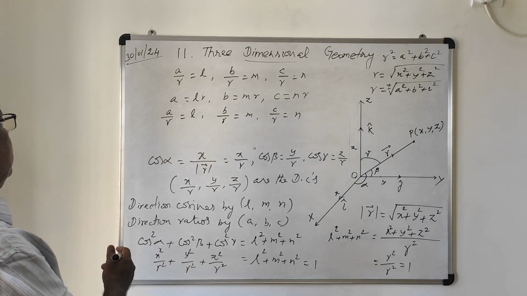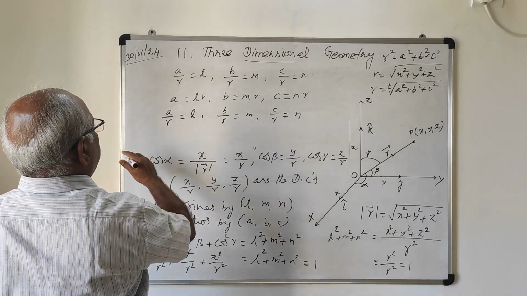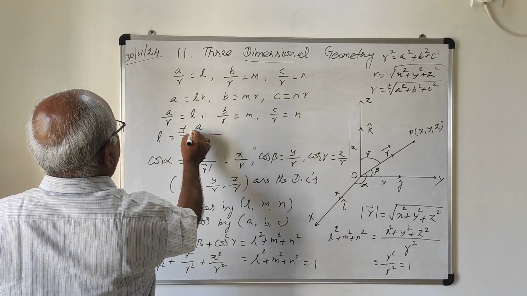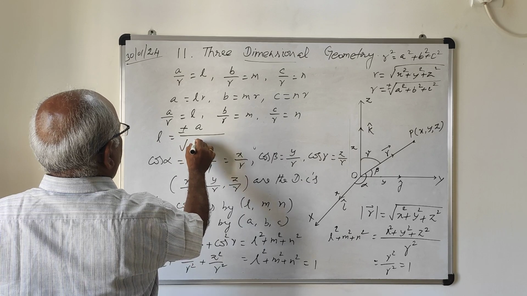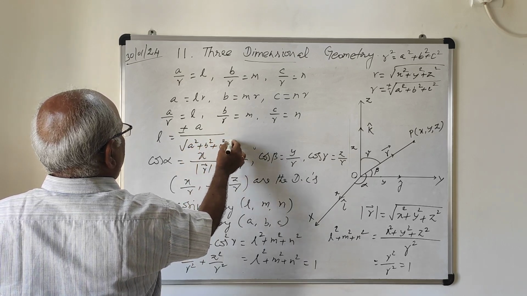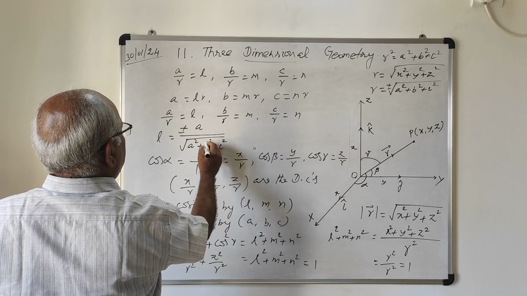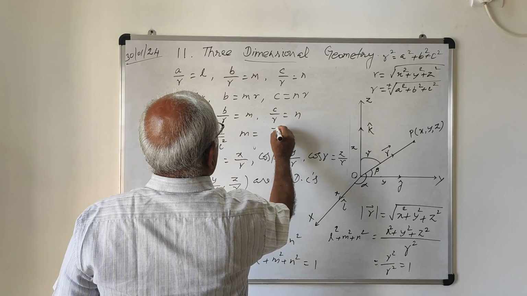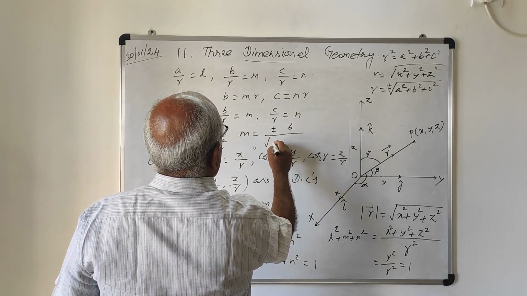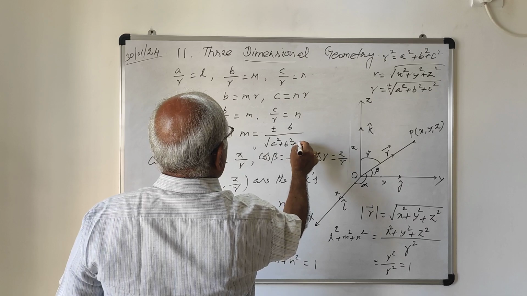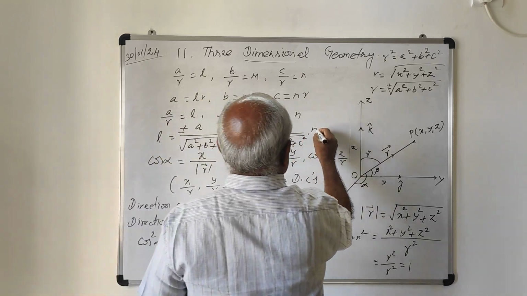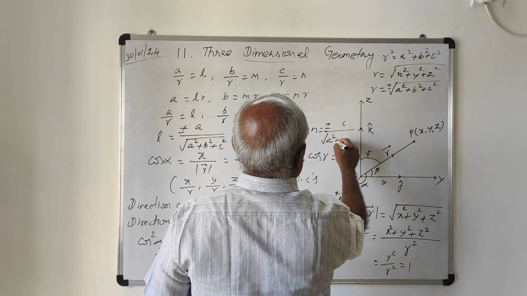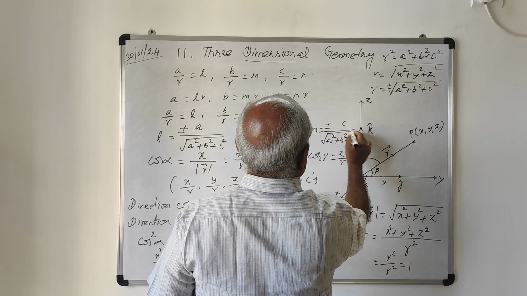From this, L is equal to plus or minus A by r, where r is the root of A square plus B square plus C square. Similarly, M equal to plus or minus B by root of A square plus B square plus C square. Similarly, N equal to plus or minus C by the root of A square plus B square plus C square.